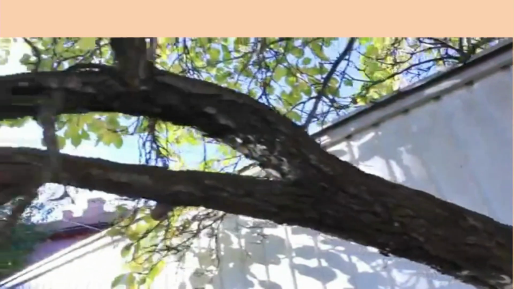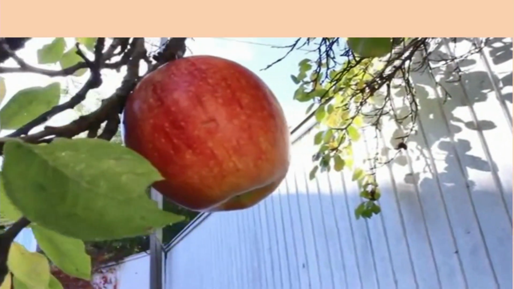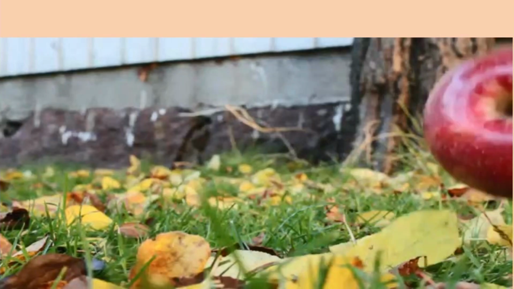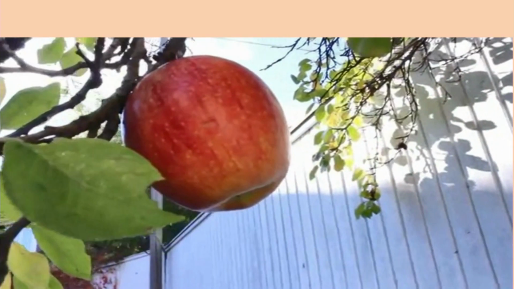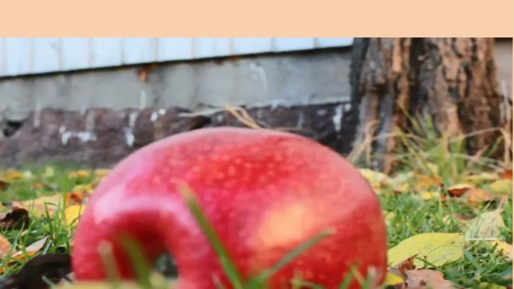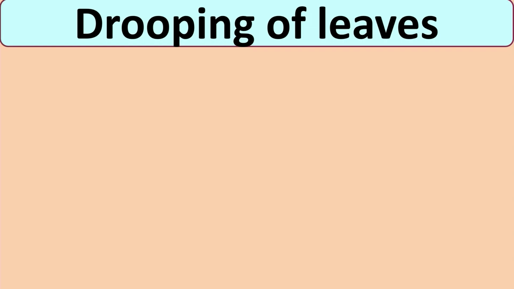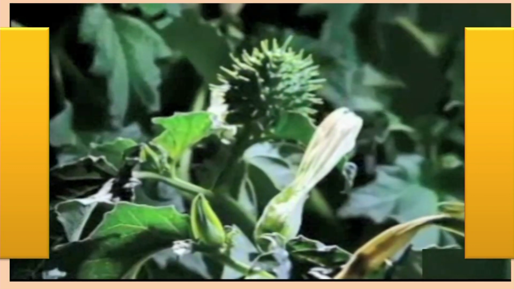You can see the fruits falling. For drooping of leaves also you require some chemicals. Even for the germination of the plants. Do you know who helps all this?